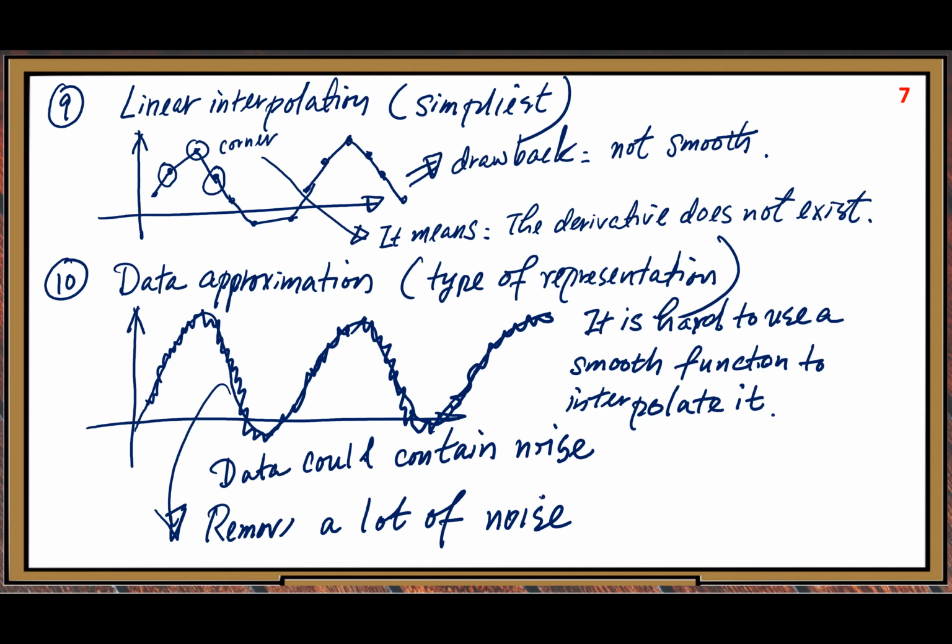Here we do not say which one is better. I give you two different data representations: one data interpolation, another data approximation. You cannot say one is better than the other. Each one has its own good properties. It depends on your applications.